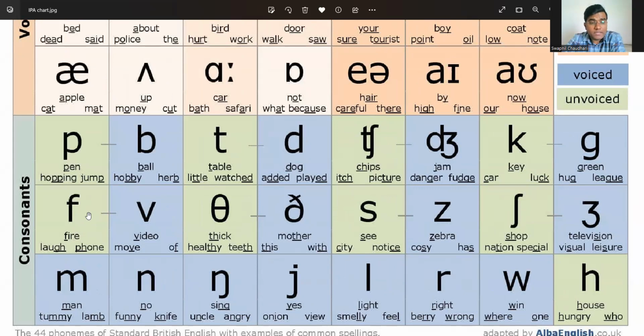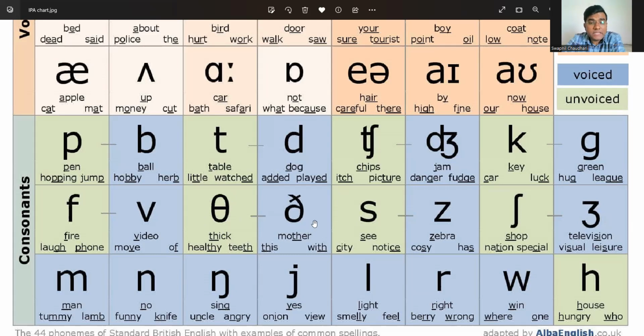We have the f sound, as in fire, laugh, phone, represented by small f. Then we have the v sound, as in video, move, of, represented by v. And then we have the th sound, as in thick, healthy, teeth, represented by this zero with a line in the middle. Whenever you see this symbol, you need to understand this is the th sound.